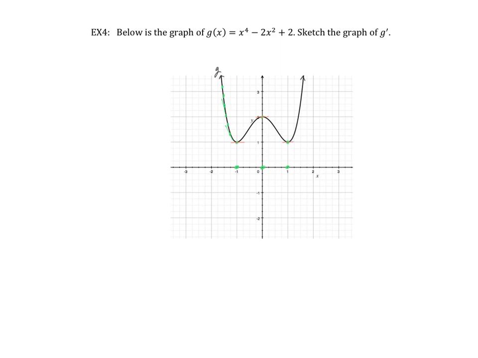What I can see though is as I go from -infinity and I'm approaching -1, the slopes are really steep but negative, right? Steep and negative, steep and negative. As I get closer and closer to -1, these tangent lines have slopes getting closer and closer to 0.